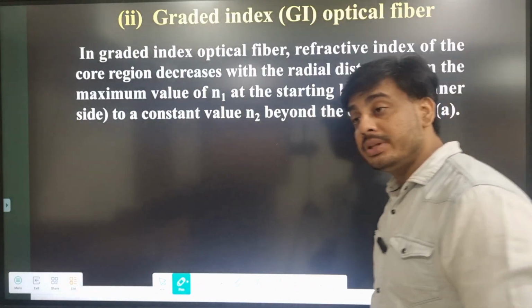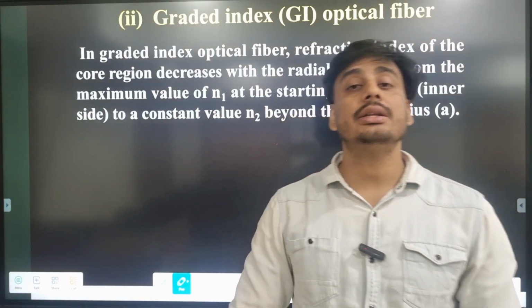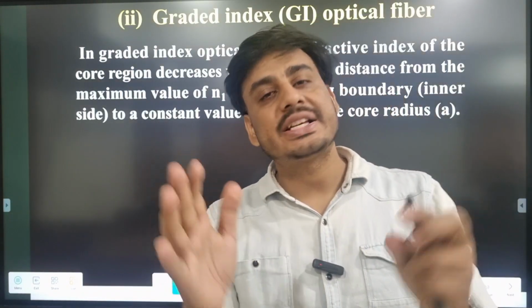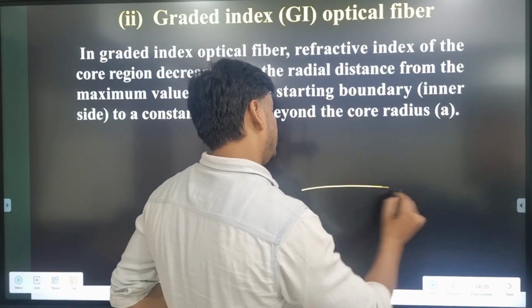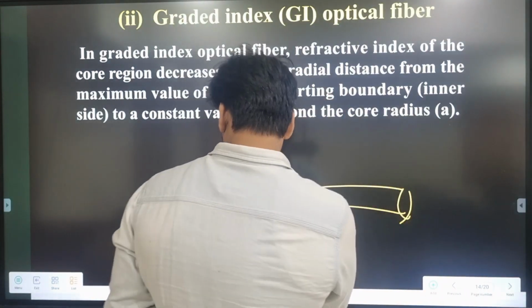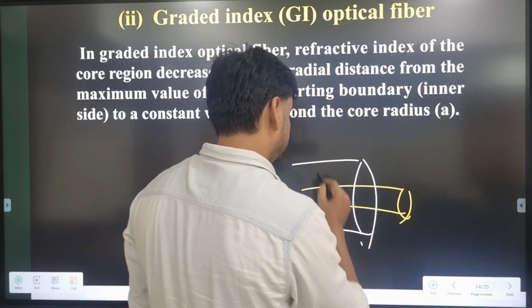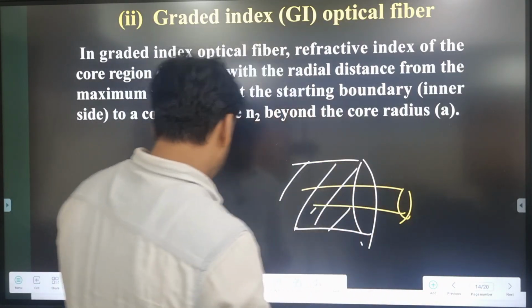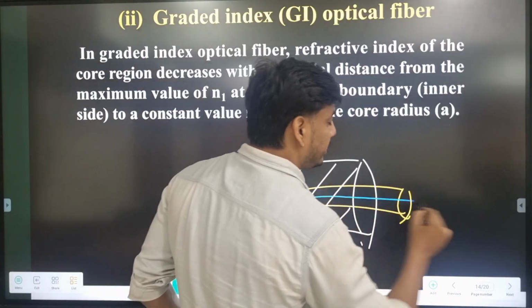Graded index means the refractive index of the core gradually decreases. It has a maximum value at the center. If we draw a core and cladding, if this is the core and this is the cladding, here you will find the refractive index will be maximum at the axis.